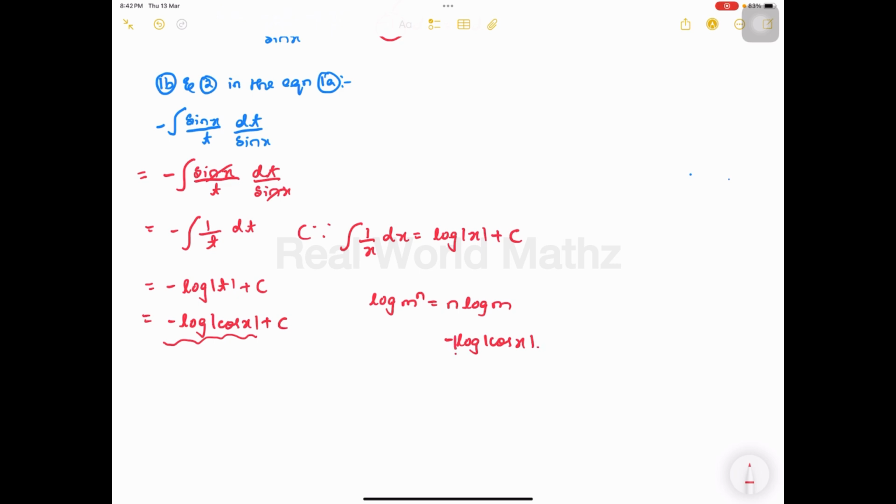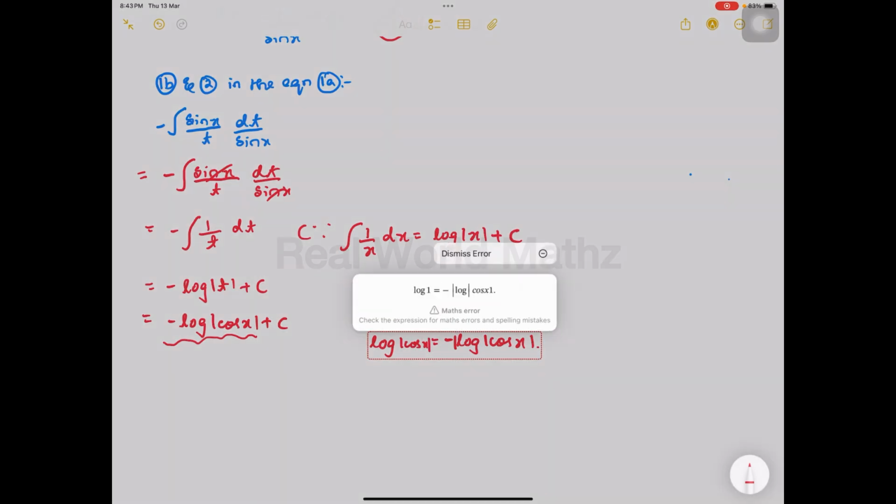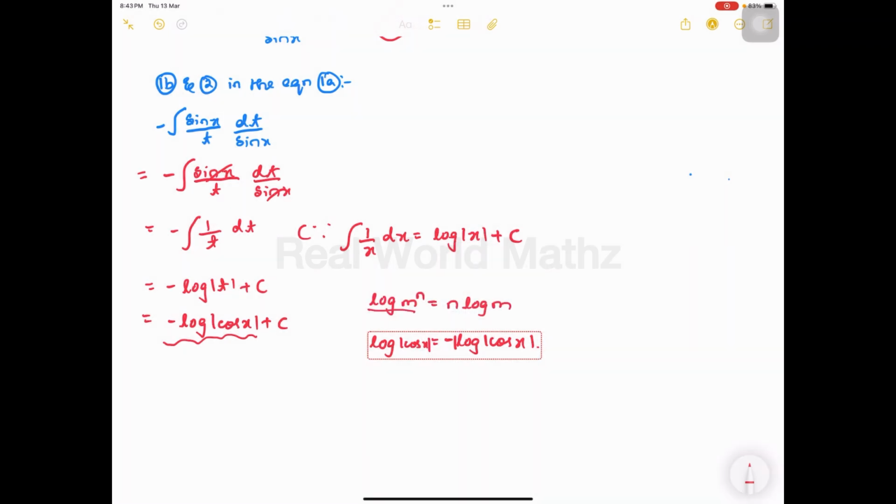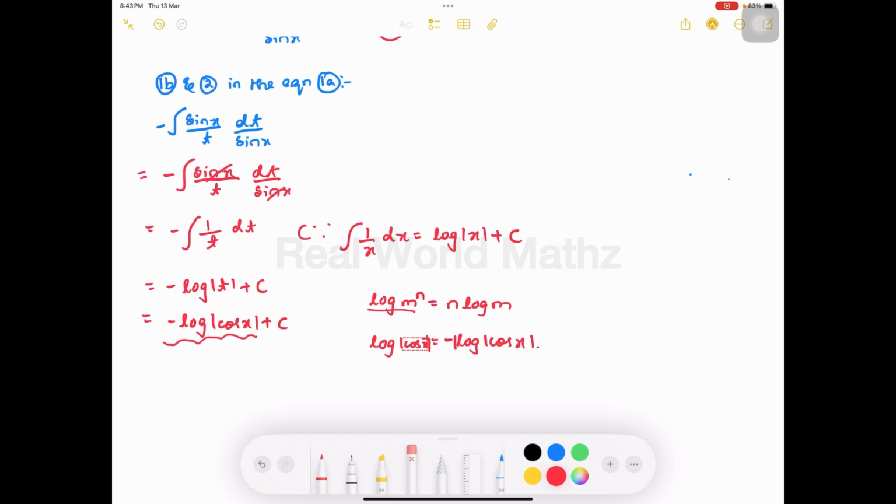If so, we can express this in the form of log m power n. How will I express it? I'll express it as log mod cos x to the power of minus 1. I'll write it a bit clearer for you.